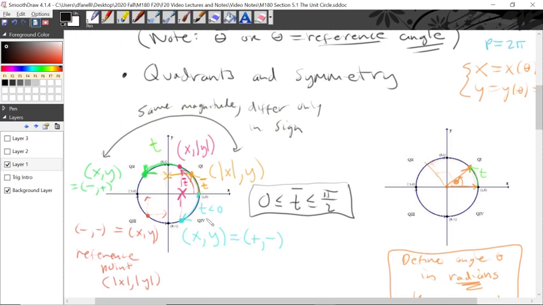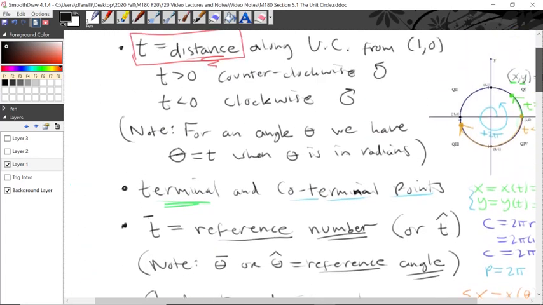Okay? Now, if t is a really large number, like say t is equal to 1,000 pi, we can interpret that as the distance we've traveled along the unit circle. The distance is 1,000 pi units of distance.